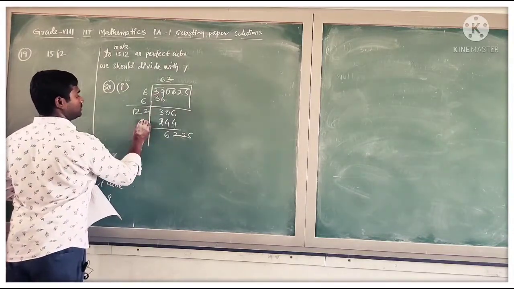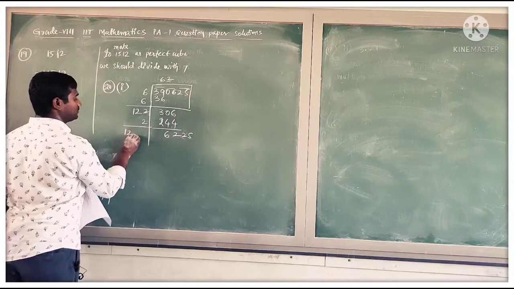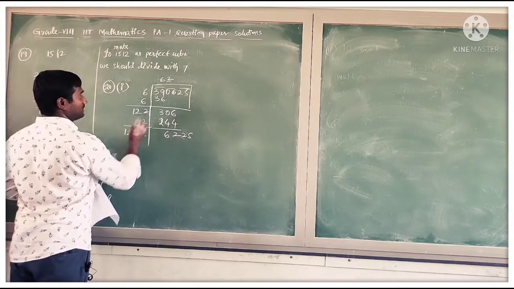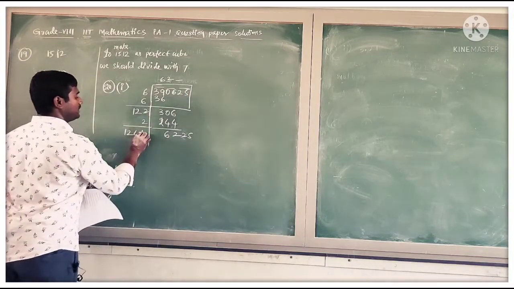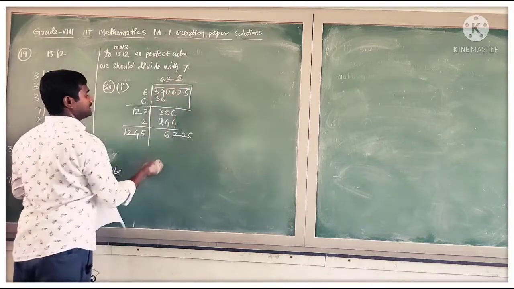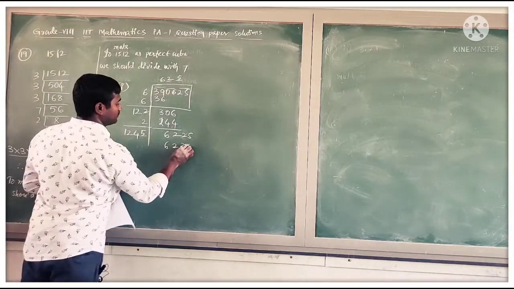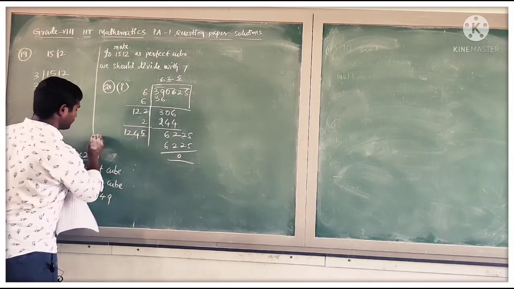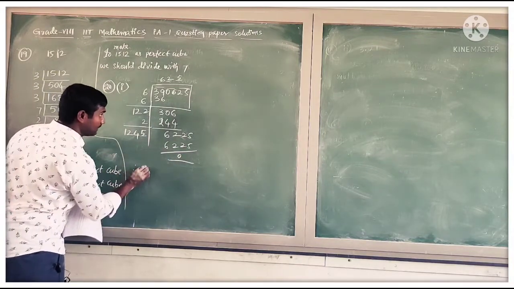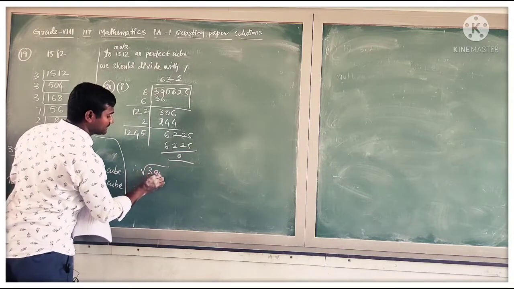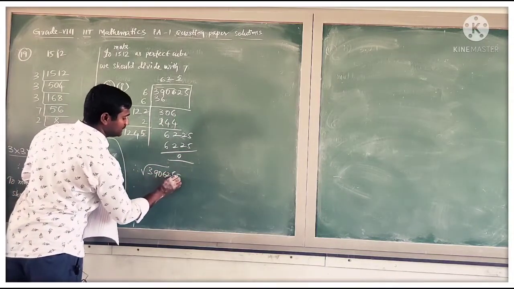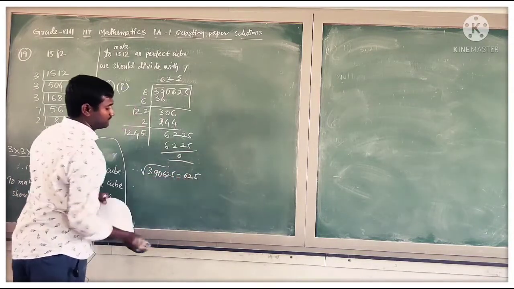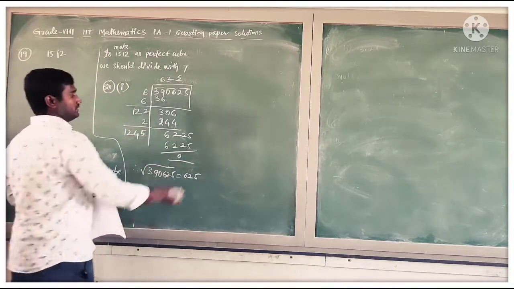So this 2 we need to add here, so it becomes 124. Here 1 digit, here 1 digit. So 5 into 5, you will get 625. So therefore we can write the square root of 3,90,625 is equal to 625.